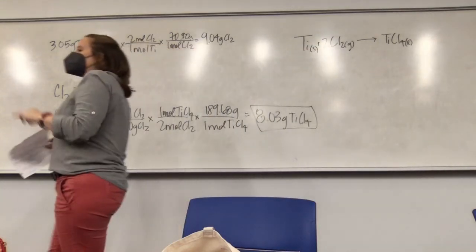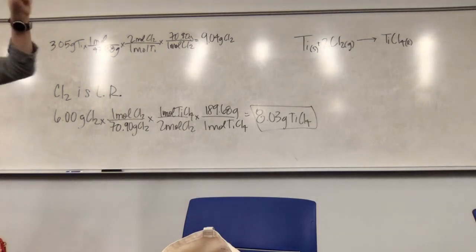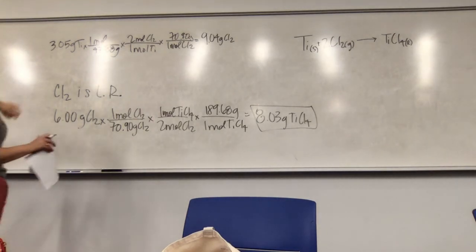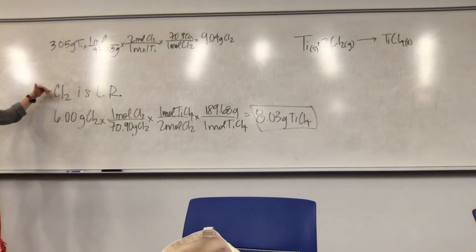The third one is about how much of the excess reagent is left. So in this case, if we want to know how much chlorine is left and how much of the titanium is left, in order to determine the amount of titanium, we need to know how much would be used.